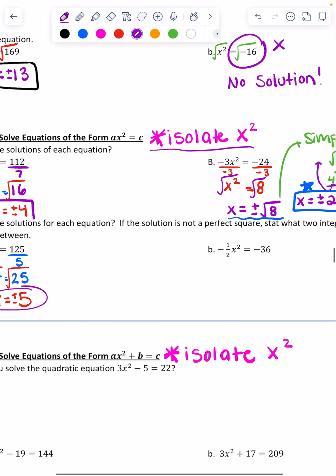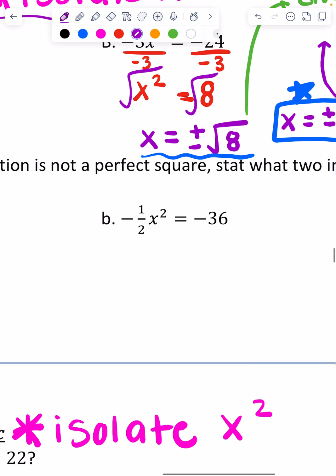All right, let's do this one over here just real quick. I forgot there's one little extra thing we might have to talk about. So our first goal, like always, is to isolate the x squared. How do I get rid of a fraction? Well, when they're squished together like this, that means they're being multiplied. And I could essentially divide out that negative 1/2. We can absolutely do that, or we could multiply by the reciprocal. I'm going to show you how to do that just as a quick refresher in this example.